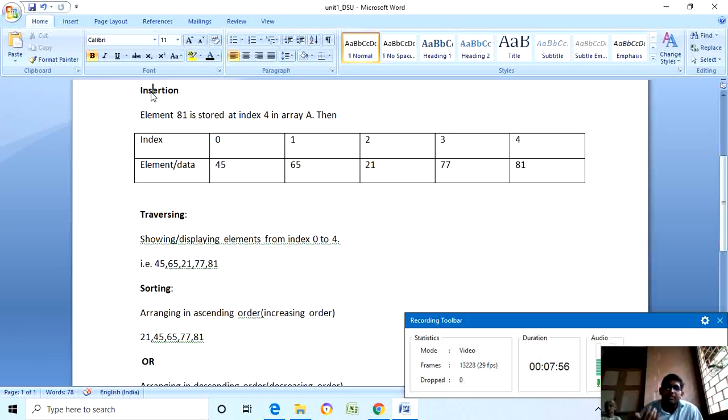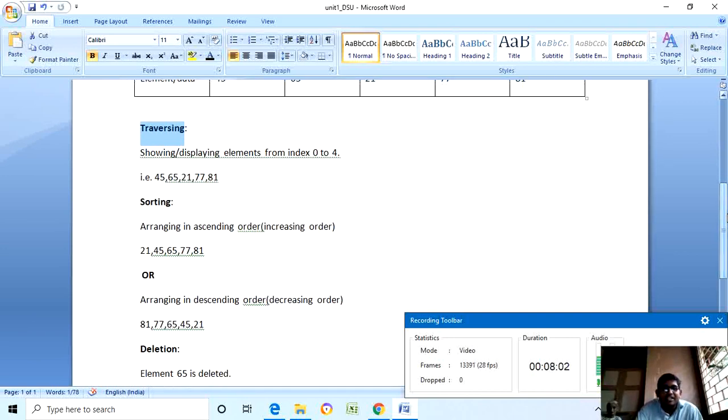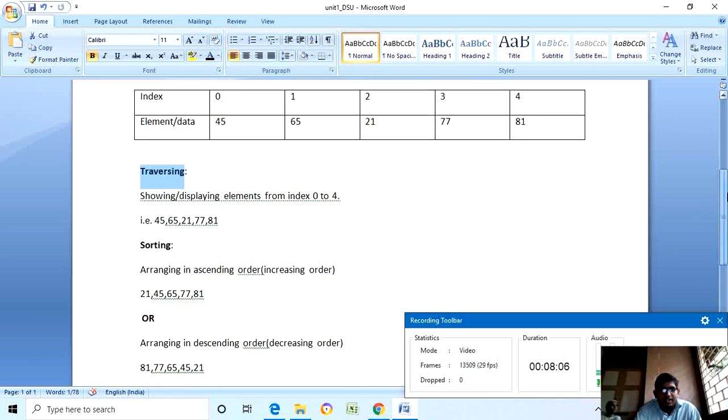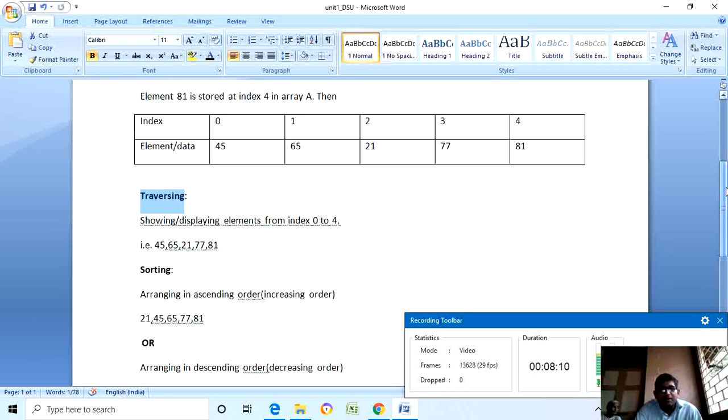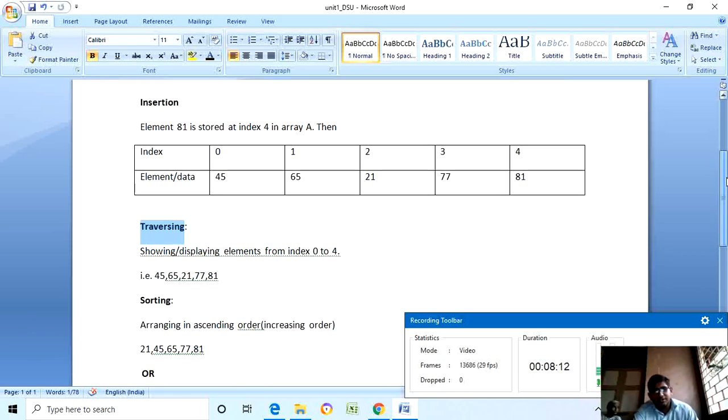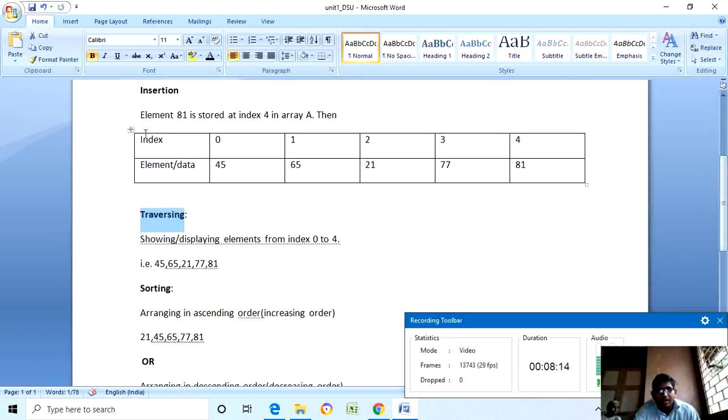Similarly, the second operation is traversing. What is traversing? Traversing means displaying the elements present in a particular data structure. In this case, we are using an array as the data structure. Currently we have 5 elements, from the 0th index to the 4th index.